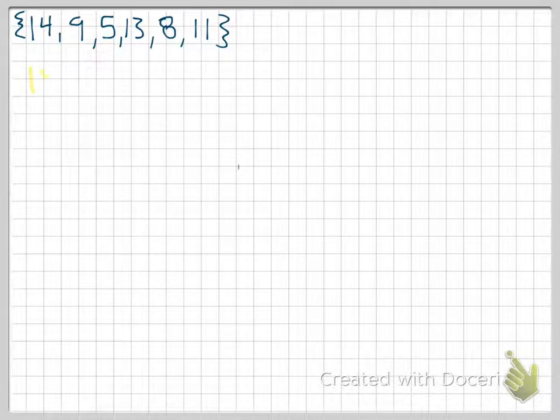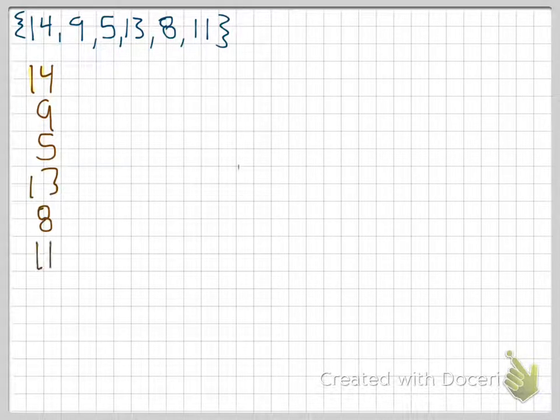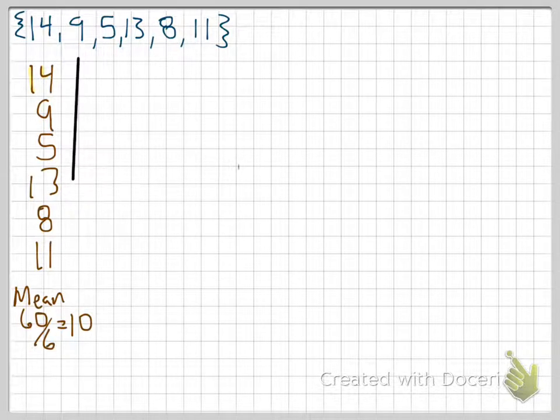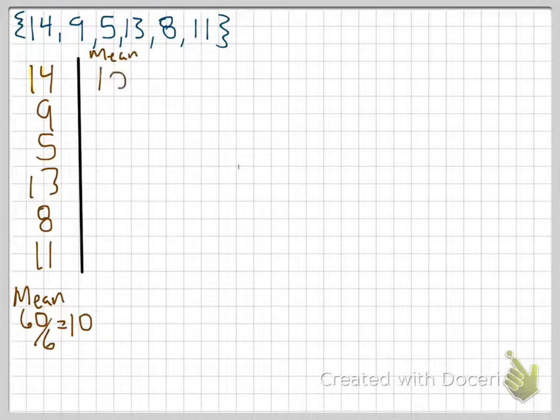So now we have 14, 9, 5, 13, 8, and 11. So first thing we want to do is find the mean. And if we add all those up, it comes out to be 60 over 6, which gives us 10. So our second column is the mean, which will always be the same all the way down the column.